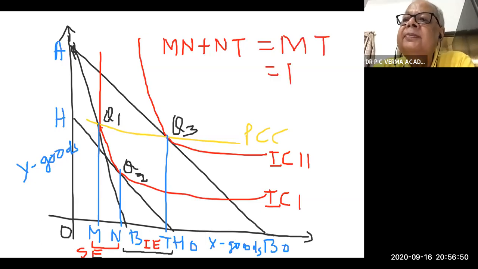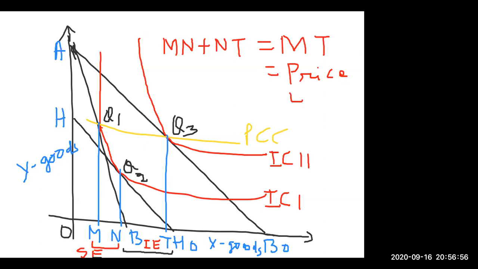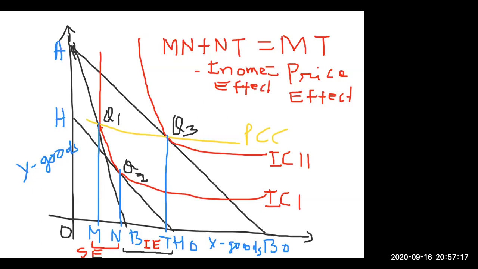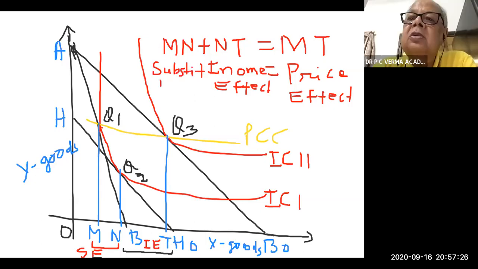This is the price effect. This one is the income effect plus the substitution effect.